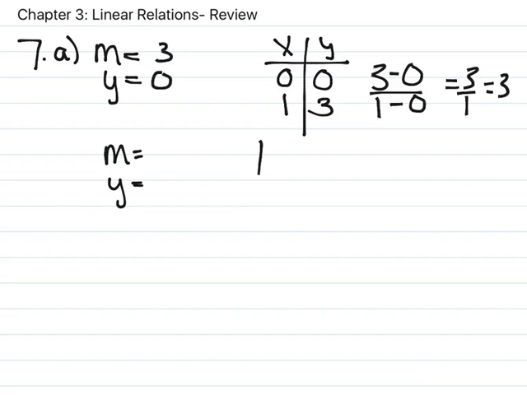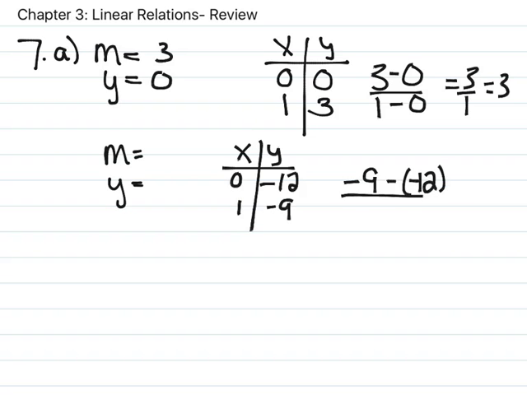For the other table, again, I'll use the first 2 points. You have 0, which is negative 12, and 1, which is negative 9. So you've gone from negative 12 to negative 9, and you've gone from 0 to 1. So this is going to be 3, the same as having a slope of 3.